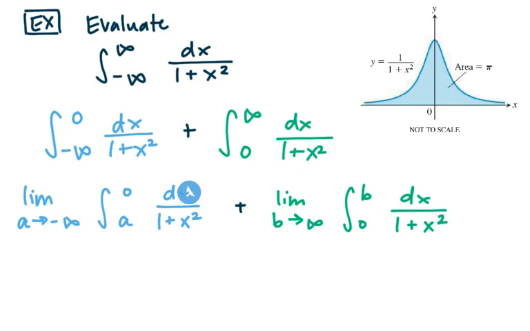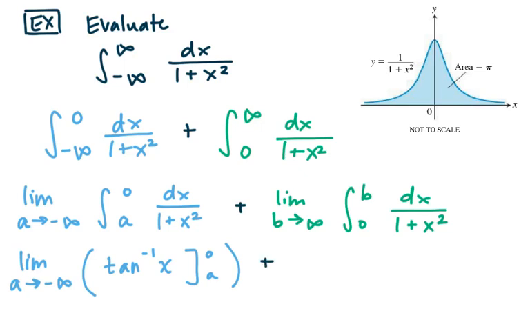Now, in order for me to evaluate each of these integrals, I would be looking at a table integral. This is actually the integral of tangent inverse, where that a value is 1. So that's number 17 in your table of integrals. And this is equal then to the limit as a approaches negative infinity of tangent inverse of x from 0 to a.